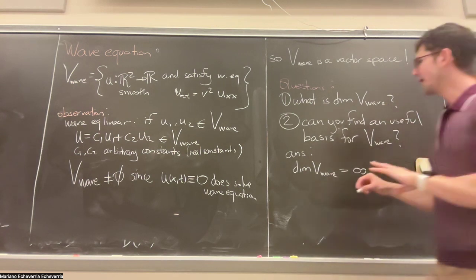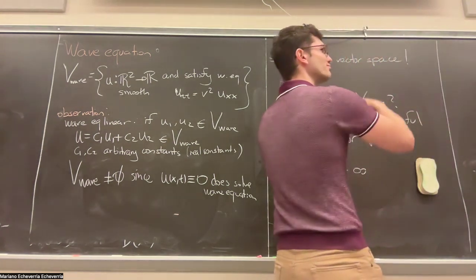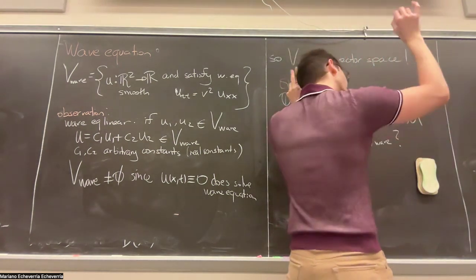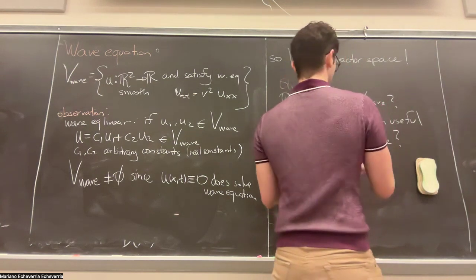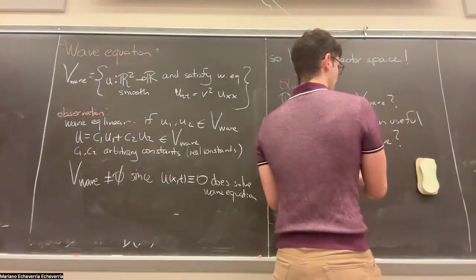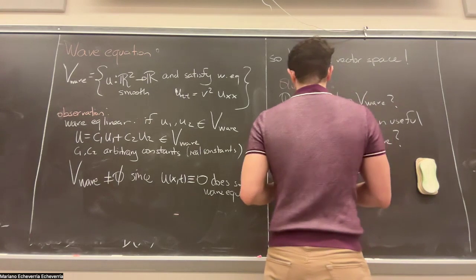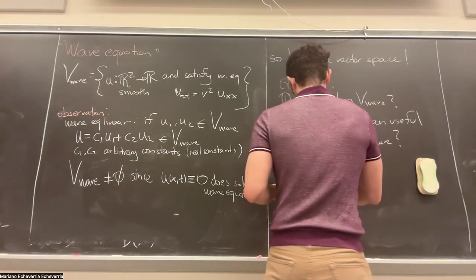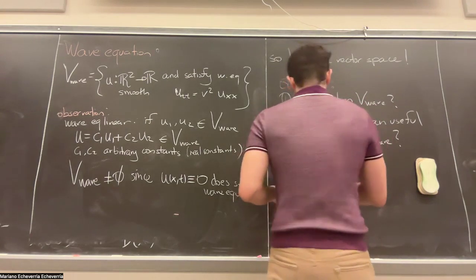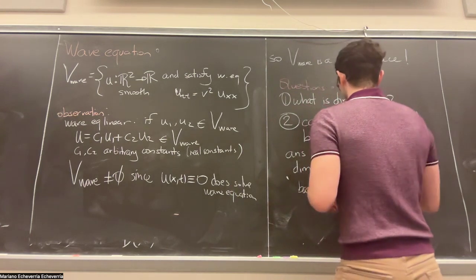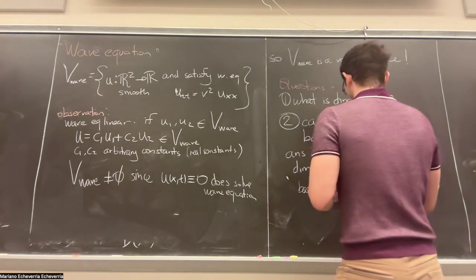So you have to build something that you would call a basis that's more suited to the fact that this is infinite dimensional. So the basis will be related to this notion of Hilbert space.